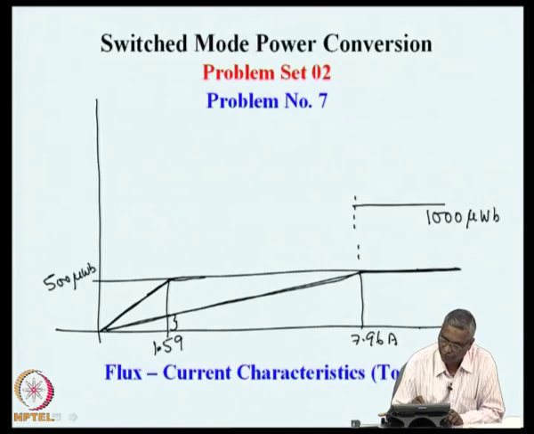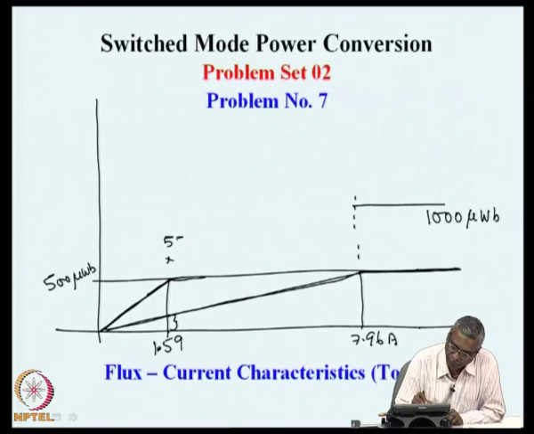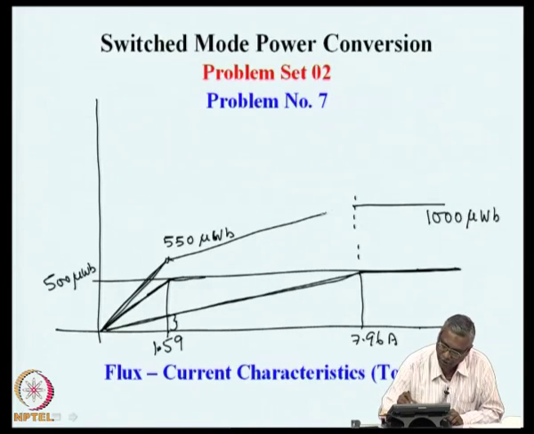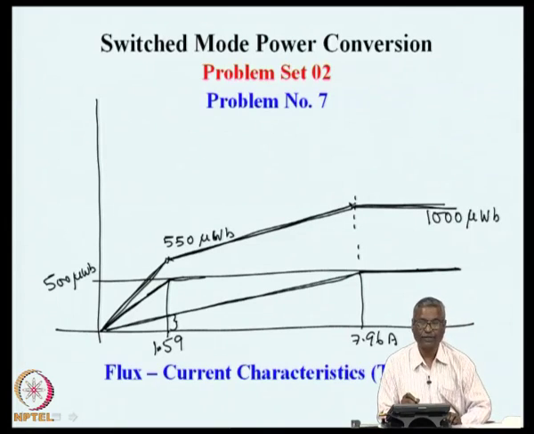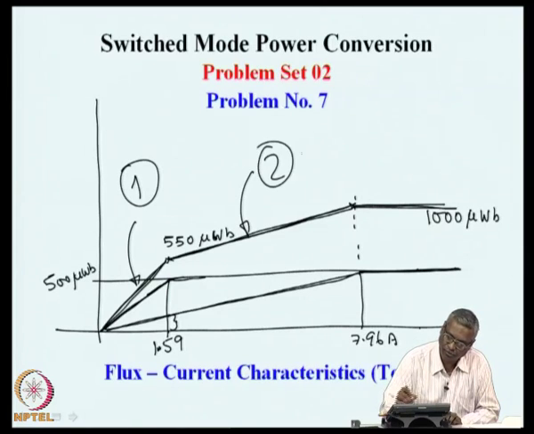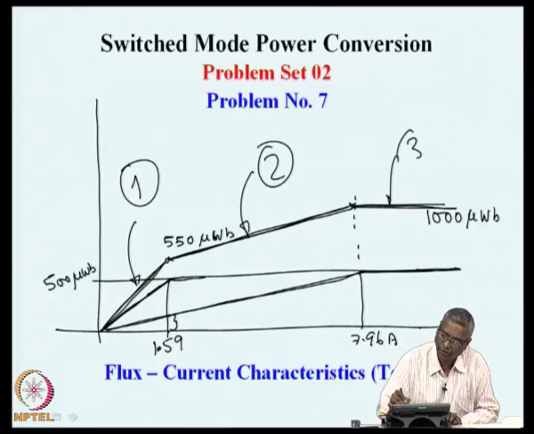this is 1/5. So, this also will be 1/5, which is 50. So, this will be 550 microweber. So, you can see the composite flux characteristics has three regions, 1, 2, 3.